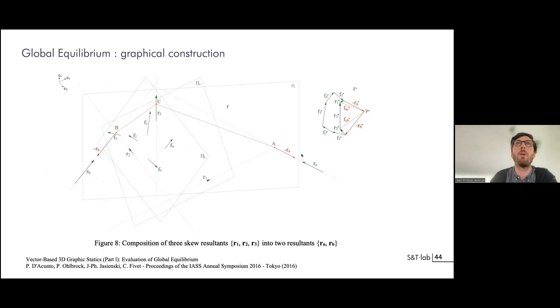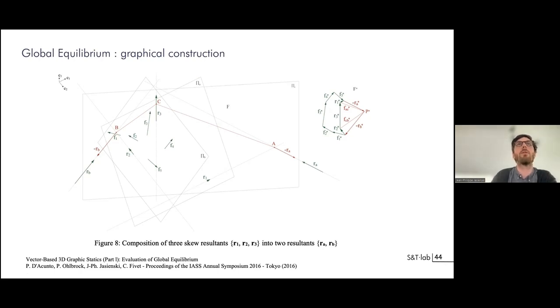So we developed a paper on that which was published in 2016 at the IASS symposium in Tokyo. And so what we explain in detail is the geometrical construction that you need to do with sets of planes to find the resultant of all these green forces that are skewed, so they are not meeting in one point in space. And what is the geometrical construction that you need to do to close them and find the resultant? So on the right, you have the force diagram. On the left, you have the form diagram.